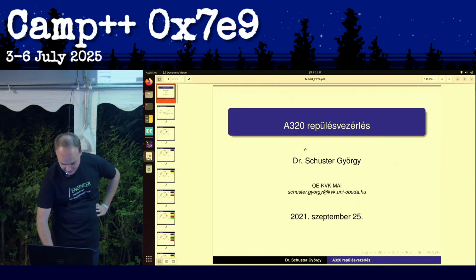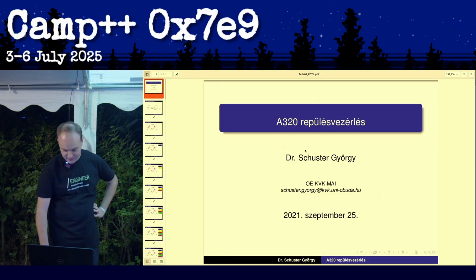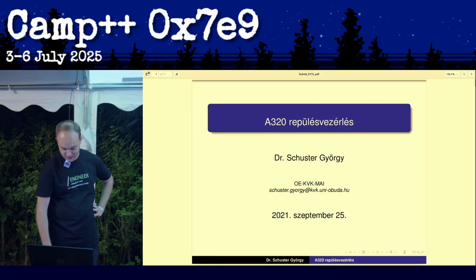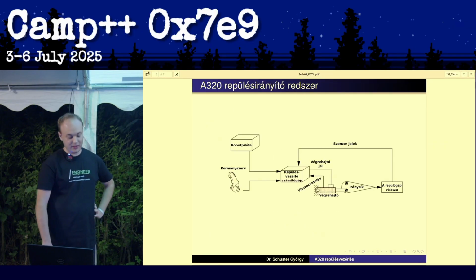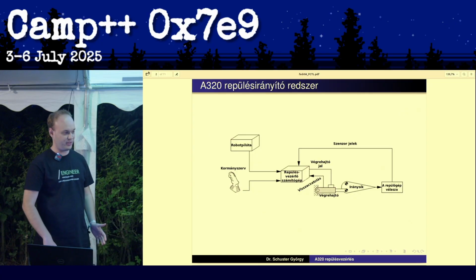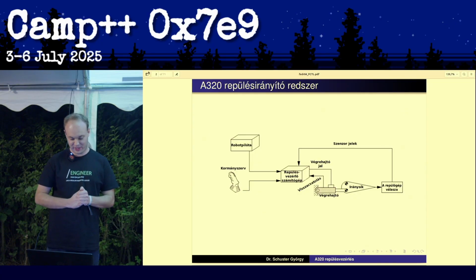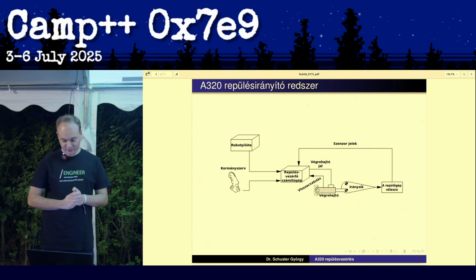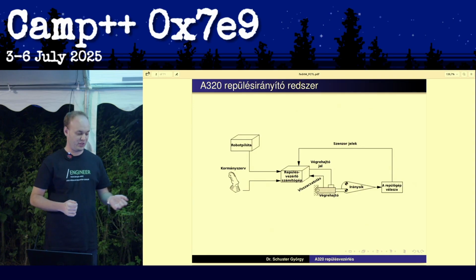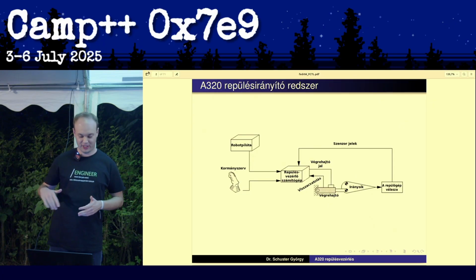actual flight controls. So the basics: I already talked about how this was Airbus's first fly-by-wire aircraft. What that means is that there is no direct mechanical connection between the flight controls and the actual control surfaces of the aircraft.